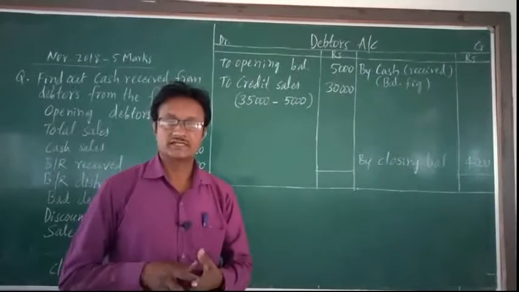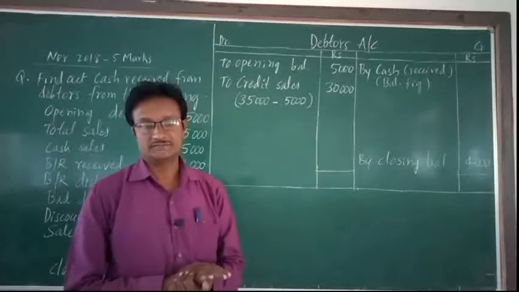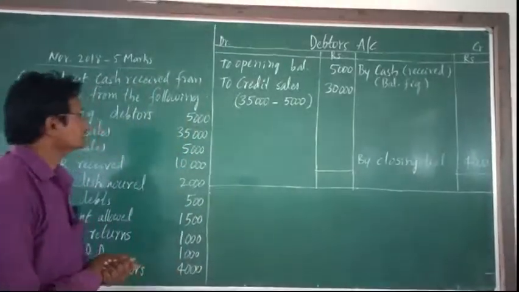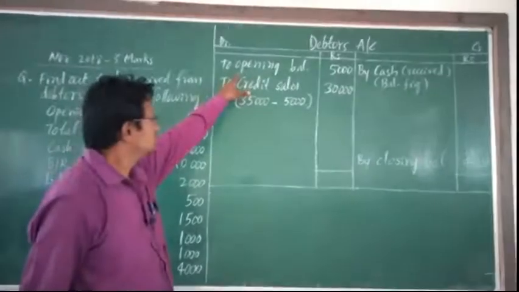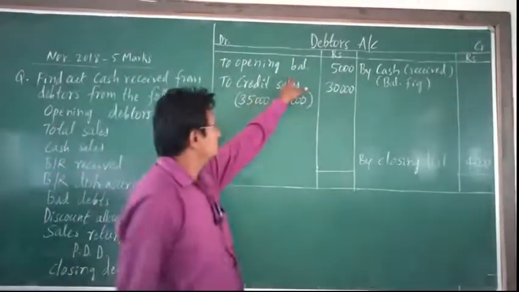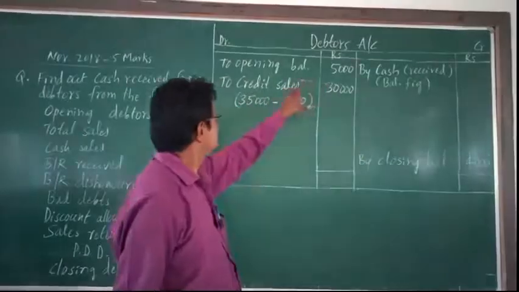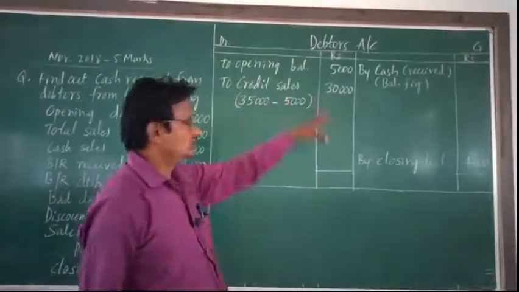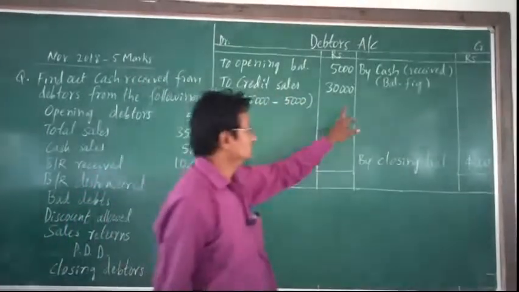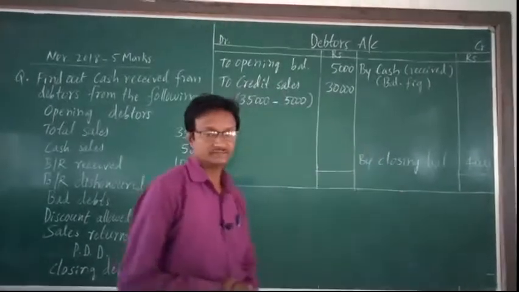If 3 items are known, the 4th one is the missing item. Here opening debtors and closing debtors are given, and credit sales is also given, and the missing figure is cash received from debtors.